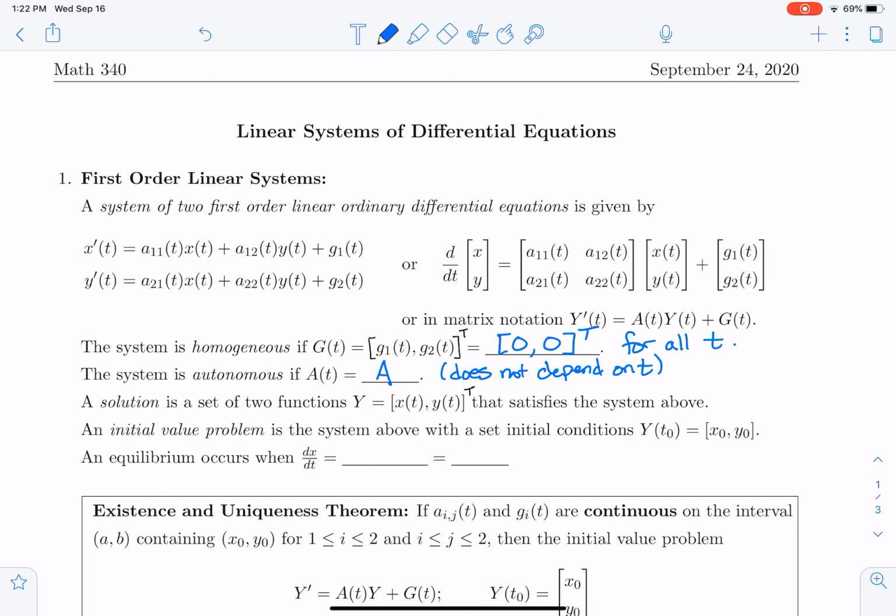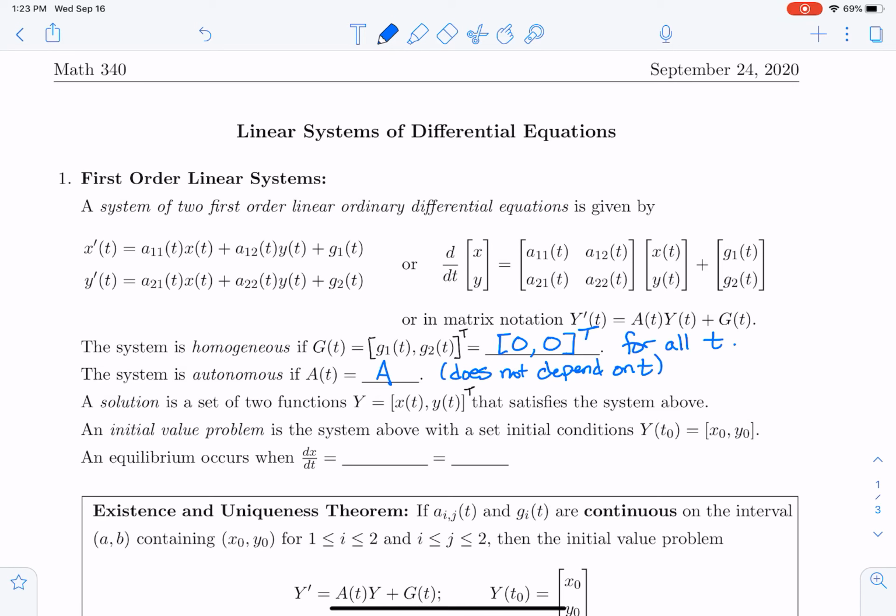Now, a solution is not going to be just one function, but it's actually going to be a set of two functions, x and y. And we can express this as the vector capital Y. And so a solution will be the set of functions x and y that satisfies the system that is given.